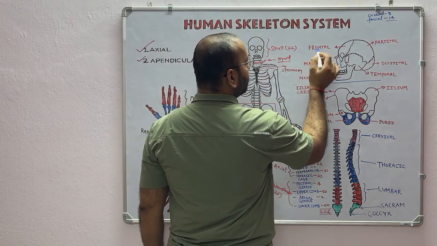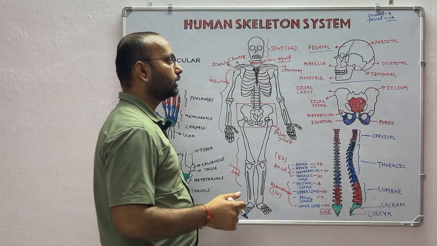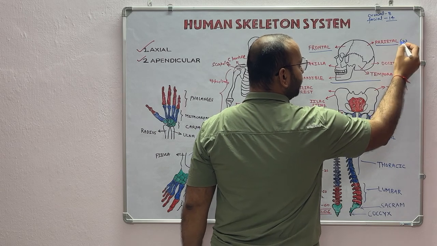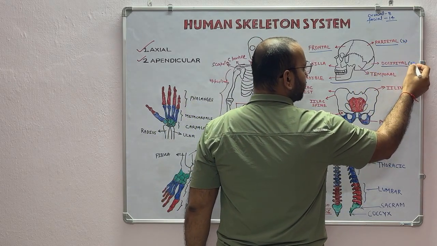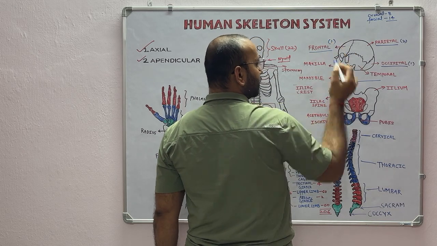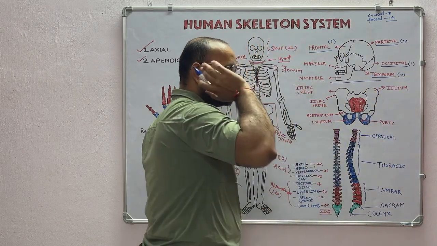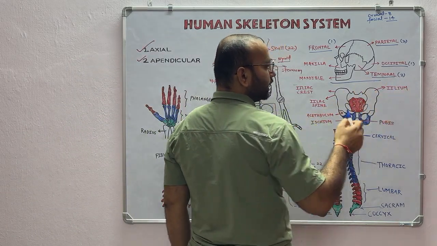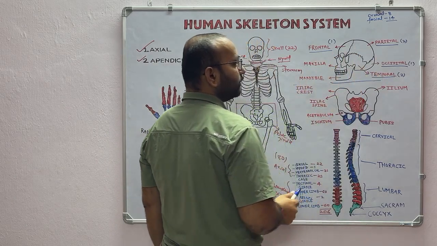So you have the frontal bone, which is at the front of your cranial part. Then you have the parietal bones, which are 2 in number, left and right parietal. Then you have the occipital bone, which is 1 in number. The frontal bone is also 1 in number. Then you have the temporal bone, which is near your ear, and they are also 2 in number, left and right.